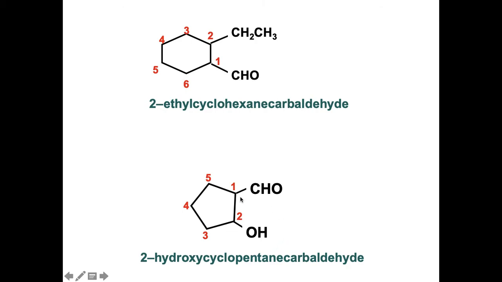So carbon number 1 will be the carbon attached to the carbonyl functional group. The parent name will be cyclopentane because we have a 5-carbon ring, cyclopentane carbaldehyde, and the hydroxyl will be a substituent attached to carbon number 2. So it's 2-hydroxycyclopentane carbaldehyde.